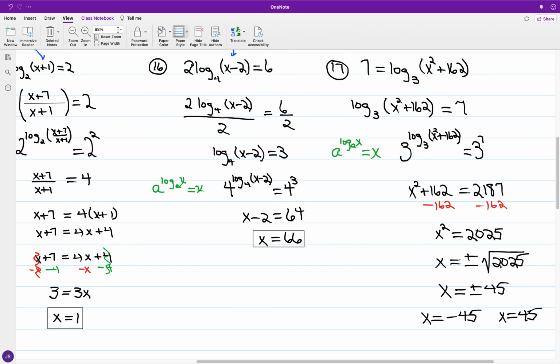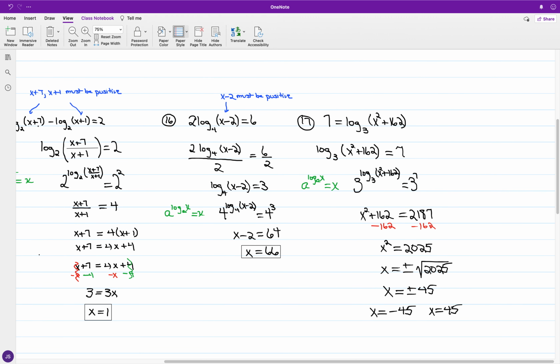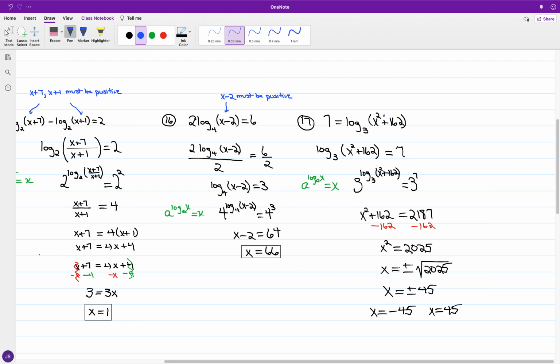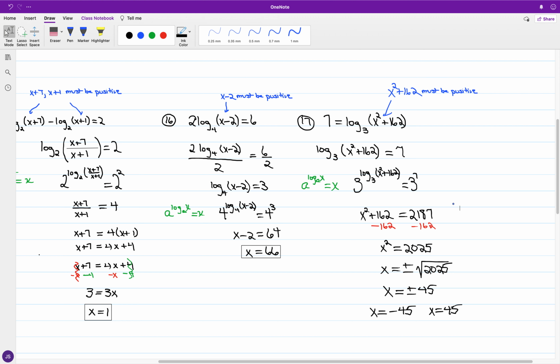Once again, we need to check any potential restrictions. We had them for x plus 7 and x plus 1 in number 14, for x minus 2 in number 16, and for x squared plus 162, whatever we have for x, this binomial must turn out to be a positive value. For negative 45, the square of a negative is a positive, and a positive plus 162 is positive.